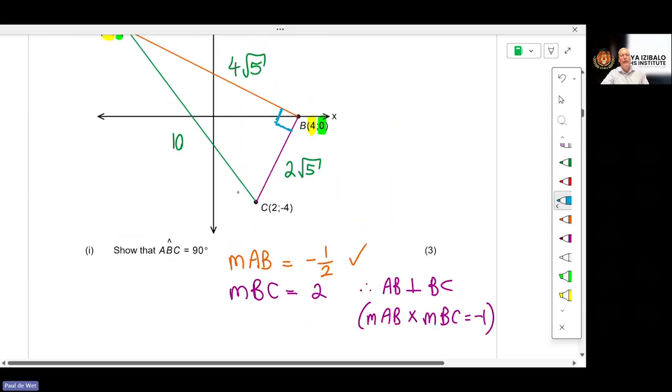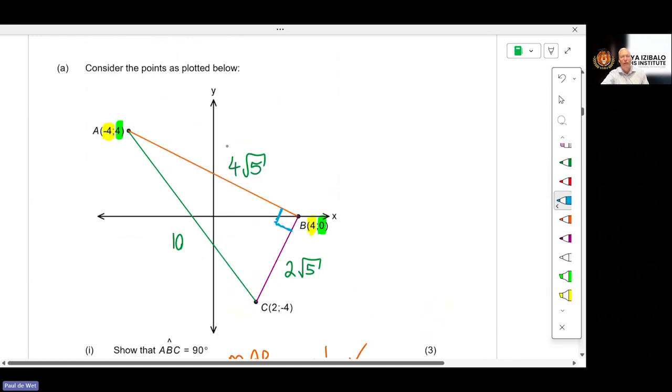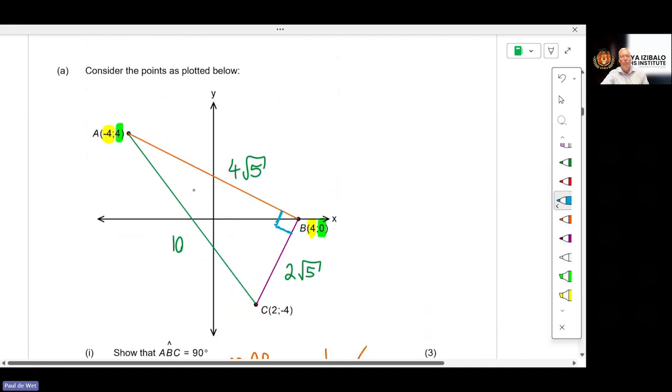Okay, now it says that this is a right angle triangle, and someone's done us a whole lot of work for us, because now we must find the area of this triangle. Yes, let's have someone.